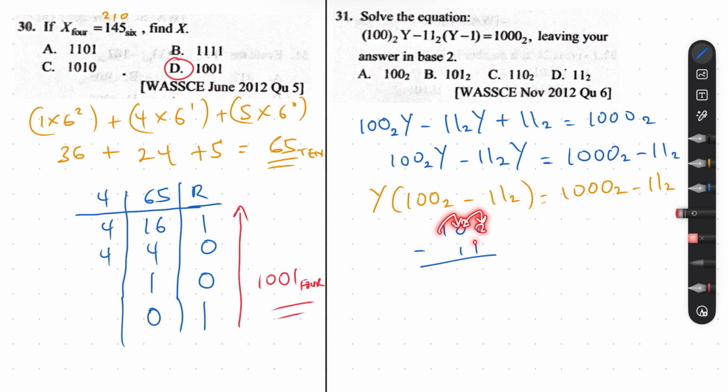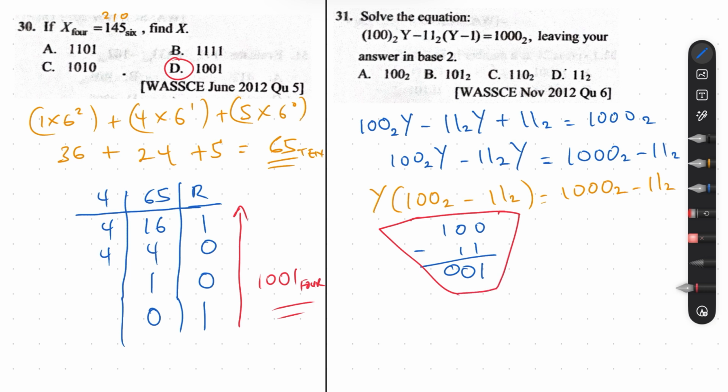So 2 minus 1 gives us 1. And then when we got here, it was 2, but we borrowed from here, so what is left is 1, and 1 minus 1 gives us 0. Here, because we already borrowed from it, this place is 0. 0 minus nothing is 0. So for this portion, our answer is this.